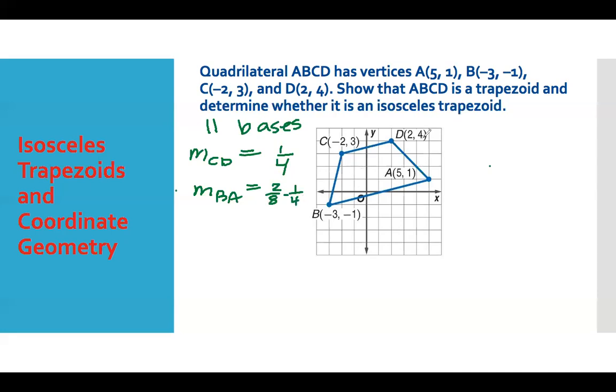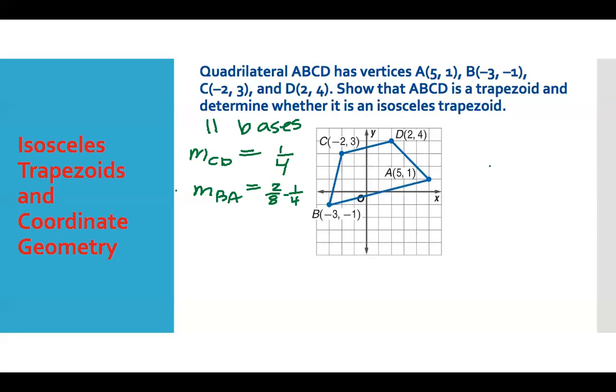Is that all we need for a trapezoid? Now, do the legs have to be congruent for it to be a trapezoid? For it to be isosceles, absolutely.